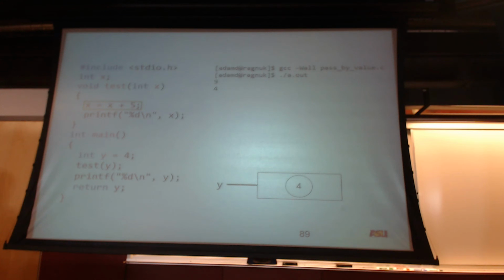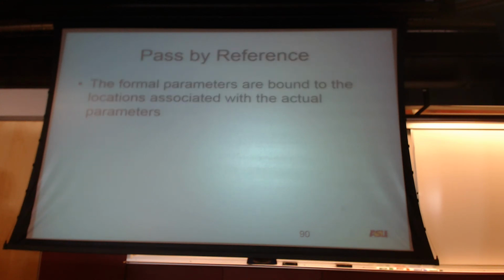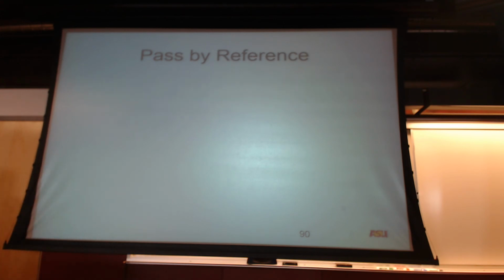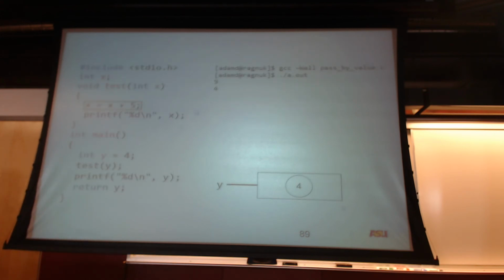That's pretty simple. Now let's talk about pass by reference. In pass by reference, the formal parameters are bound to the locations associated with the actual parameters. Now what are the formal parameters? Formal parameters are the values that you are using to call a function. So in test y, x is the actual parameter, y is the formal parameter, because y is the parameter that you are calling with.